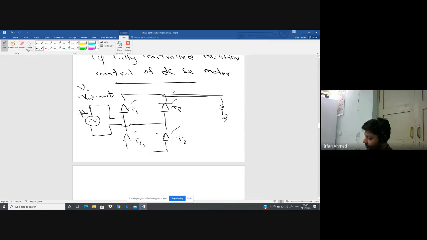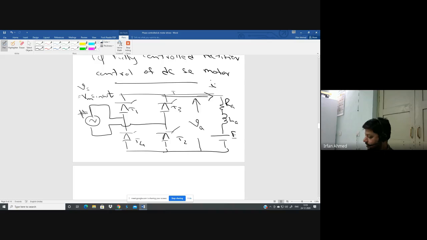So this is the armature resistance RA, armature inductance LA, and this is the back EMF E. This is the armature terminal voltage. It is the output voltage of the rectifier and the input voltage to the motor armature.